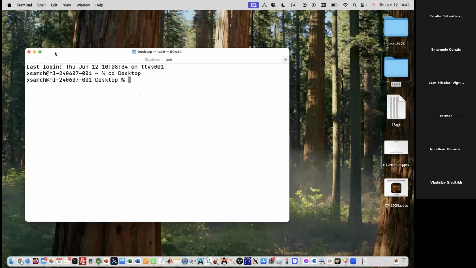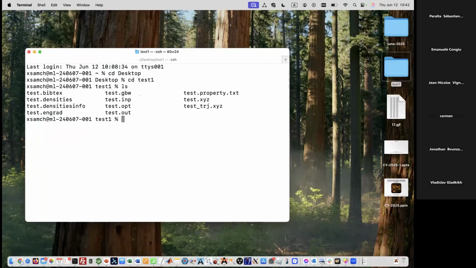The simplest approach: we have the optimized structure here, this is our optimized structure from the optimization.